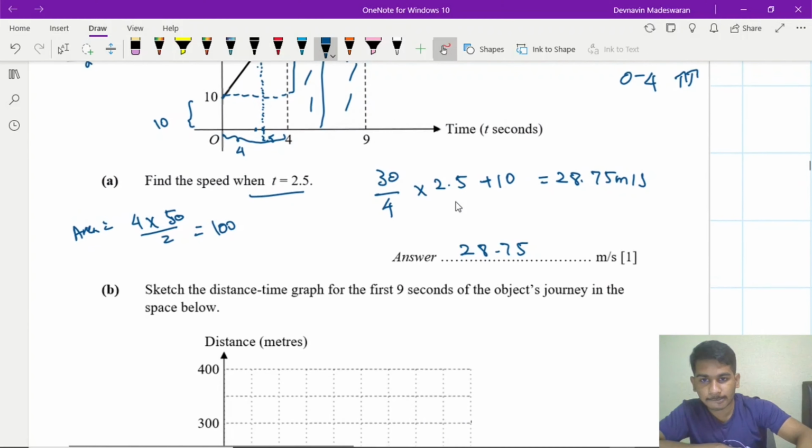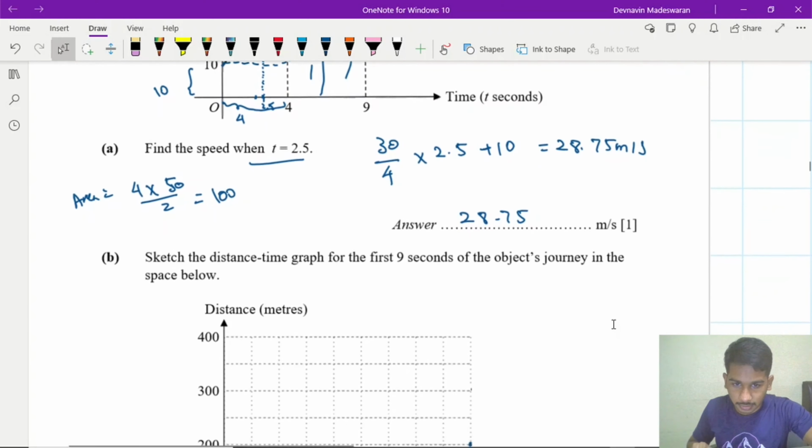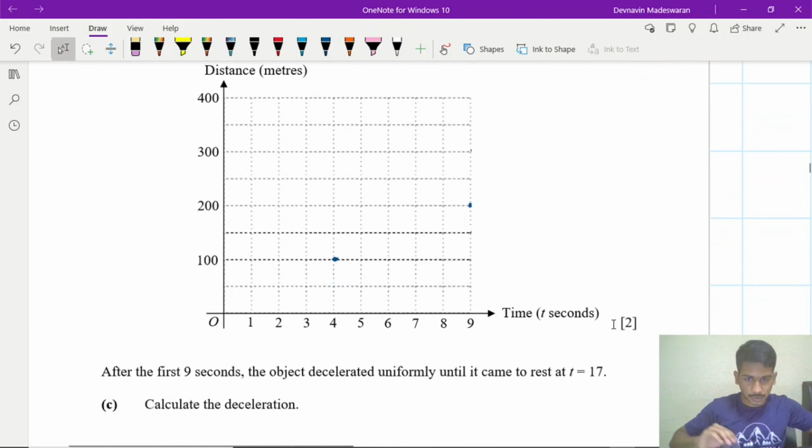Let's continue. It's going to be here. So you're going to draw a straight line.